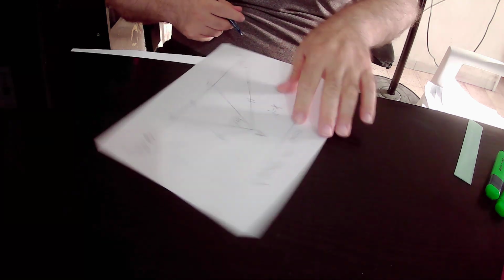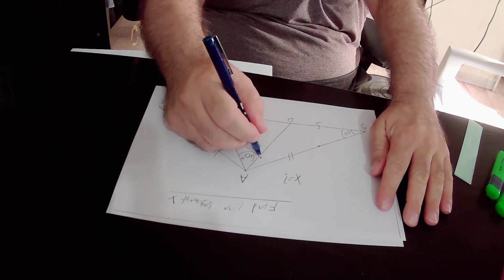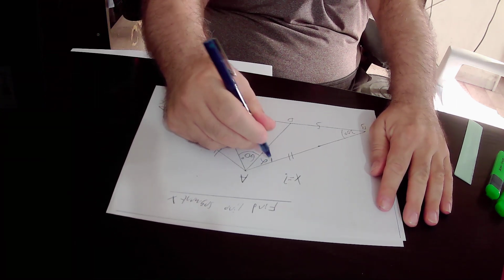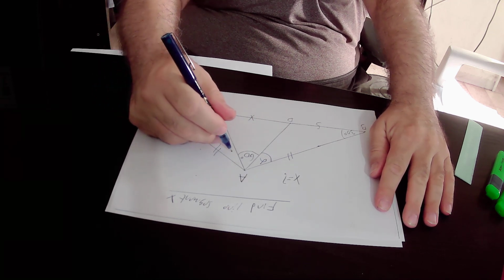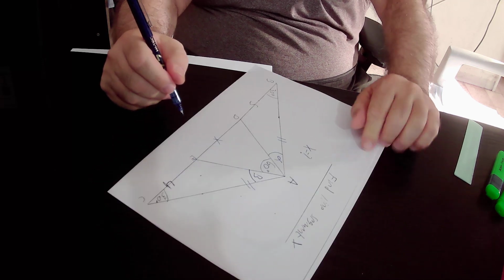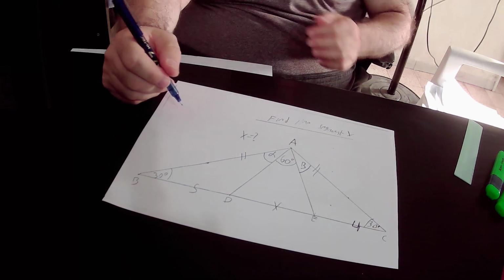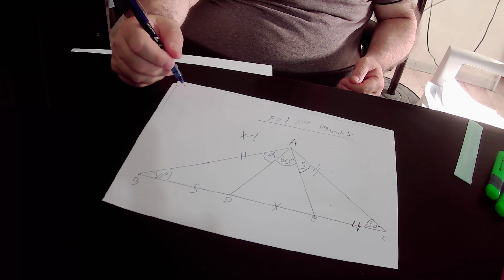In the next step, we define angle ABD, this angle, as alpha, and we define angle EAC, this angle, as beta. We also know that the sum of the angles in any triangle is equal to 180 degrees, and especially in triangle ABC.